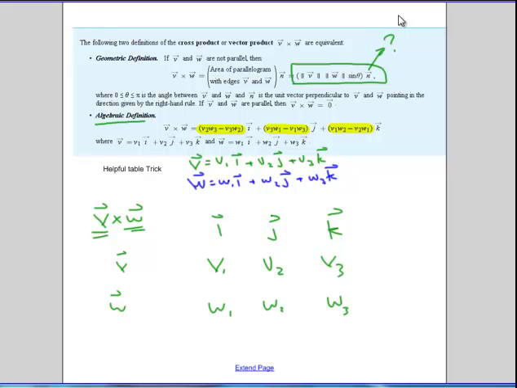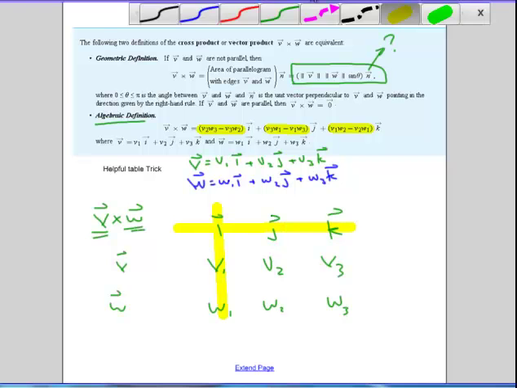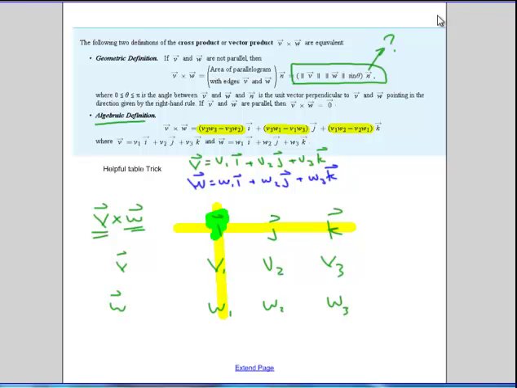And the way this works, we first cover up the i column. So we imagine blocking out this i column, and then we go across this way. The vector we're going to get is i. And we multiply across.